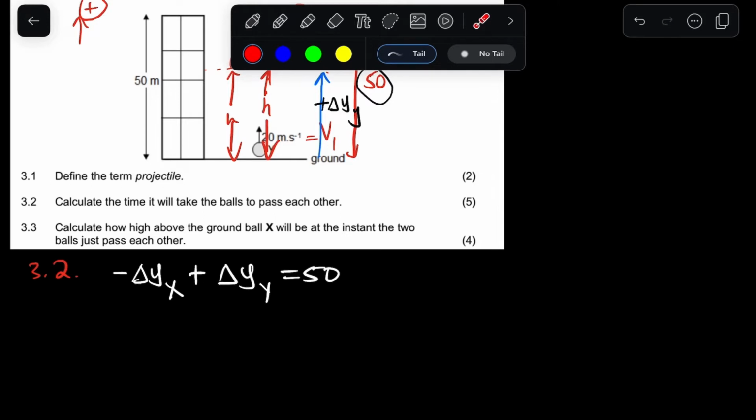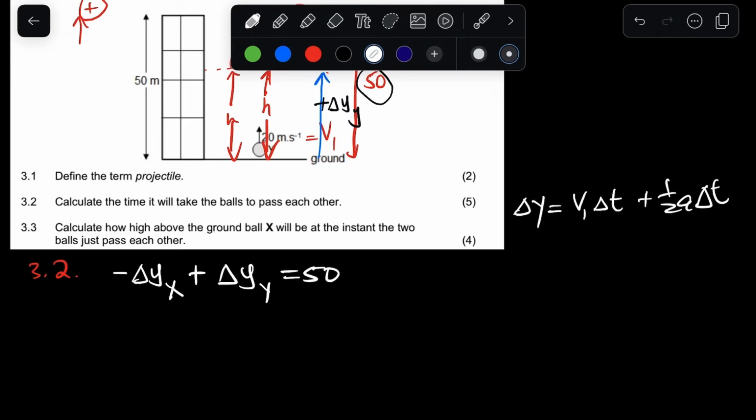So we will use this formula that says change in y is equal to v_i change in t plus half a t squared, for both. But the displacement for ball X is negative, so we should put it in brackets.